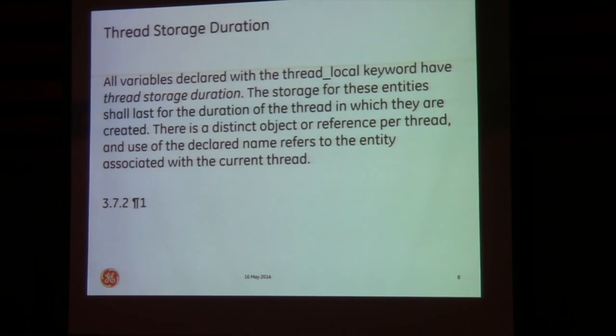And then, other than that, they pretty much behave the same way as global variables. Each thread gets its own copy. When the thread is spun up, the runtime initializes all the thread locals for that thread. When the thread ends, the runtime destructs them all, and the thread's done. So they behave pretty much exactly like globals, except the duration is for the duration of a thread rather than the entire duration of your program.